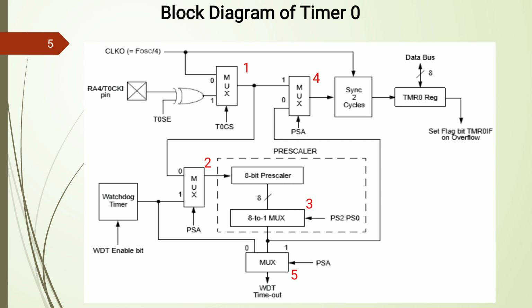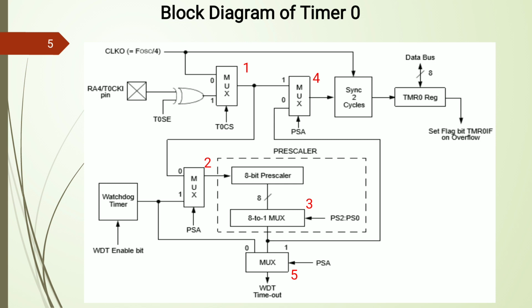In case 1, if we are using the timer, that is PSA equal to 0, then whether the clock comes from the internal source or the external source is decided at MUX 1. After that, the output of MUX 1 is fed to MUX 2 as PSA is equal to 0, and no signal is connected to MUX 4 from MUX 1.